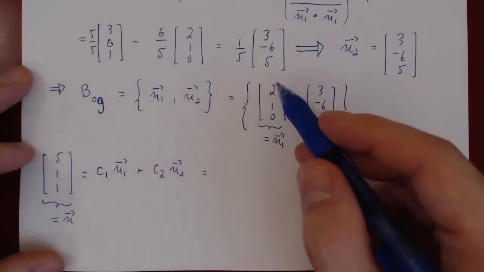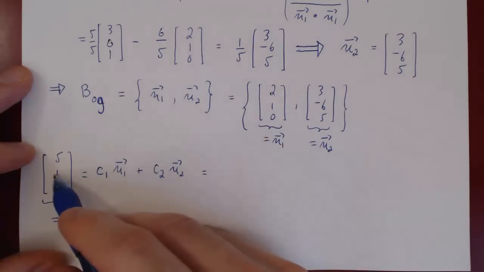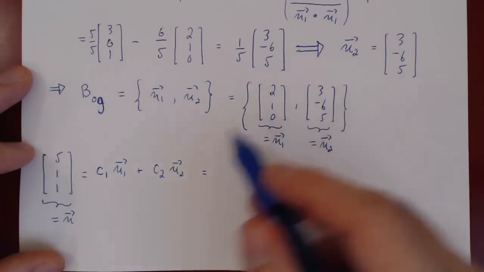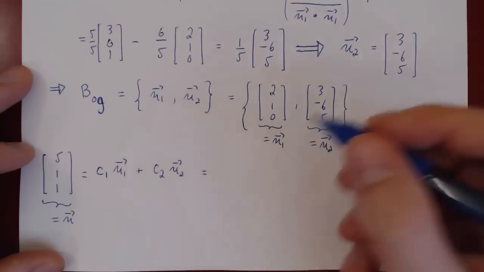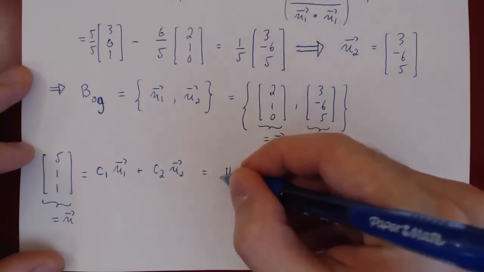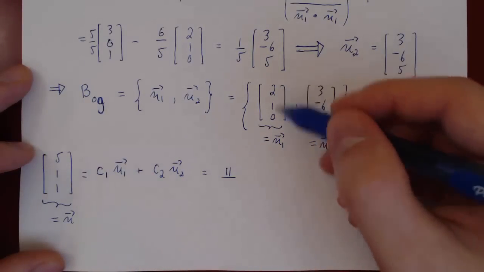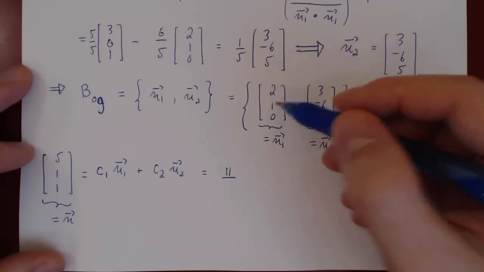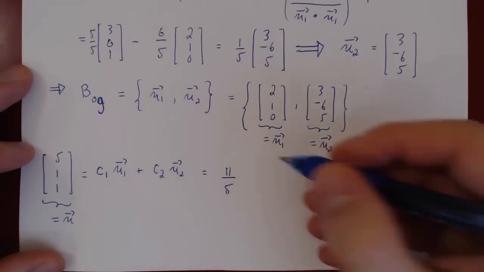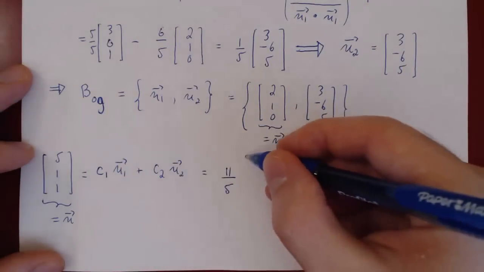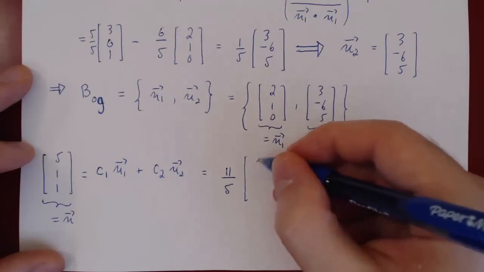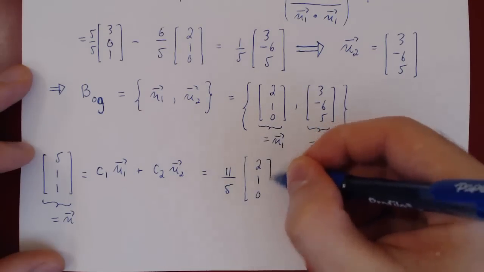So 5 times 2, 10, plus 1 times 1, 11, plus 0. So we get 11 over u1 dot u1. If you dot u1 with u1, you get 4 plus 1, 5. So you get 11 over 5 times u1, which is (2, 1, 0).